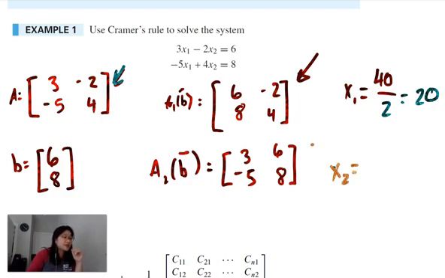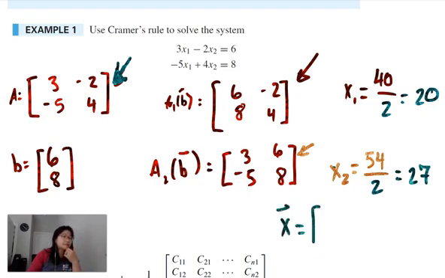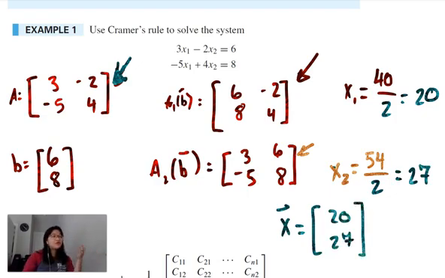That's going to be our determinant of this, which is 24 plus 30, which is 54, over our determinant of A that we already calculated, which is 2. So 54 over 2 is 27. So our solution is 20, 27.